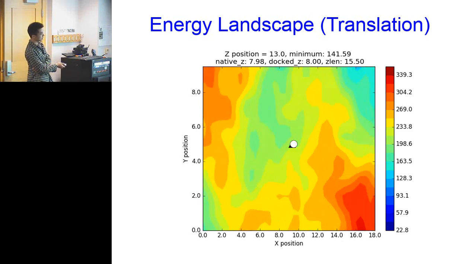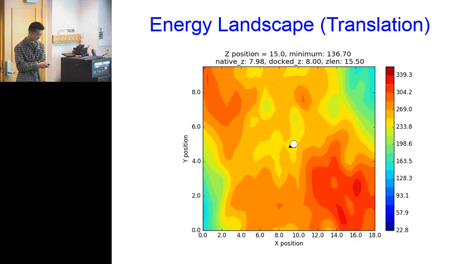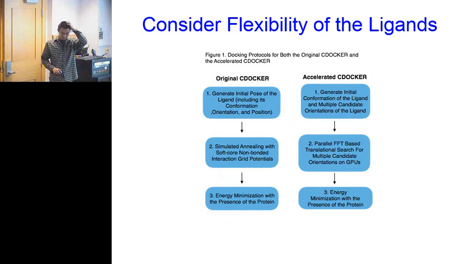So this blue point corresponds to the energy that is lowest. It shows how the energy changes as you move the ligand around the binding pocket. So this is for the rigid docking, rigid ligand, protein-ligand docking.